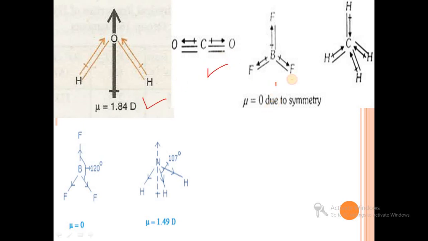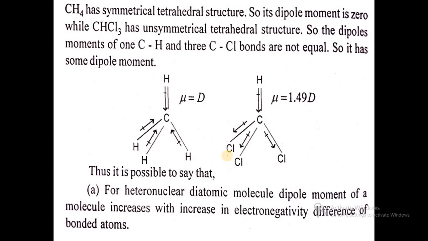In case of BF3 it is also 0. In case of CH4, the molecule is symmetrical, so it is almost 0. In BF3 it is 0, and in NH3 due to lone pair it shows dipole moment. This is the further explanation about CH4 and CHCl3.